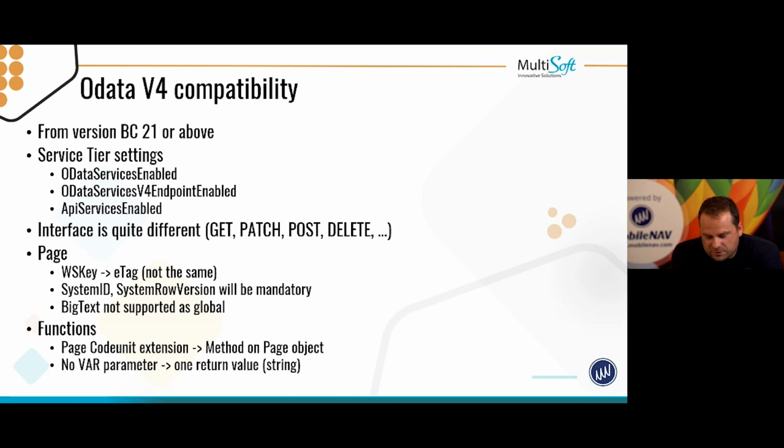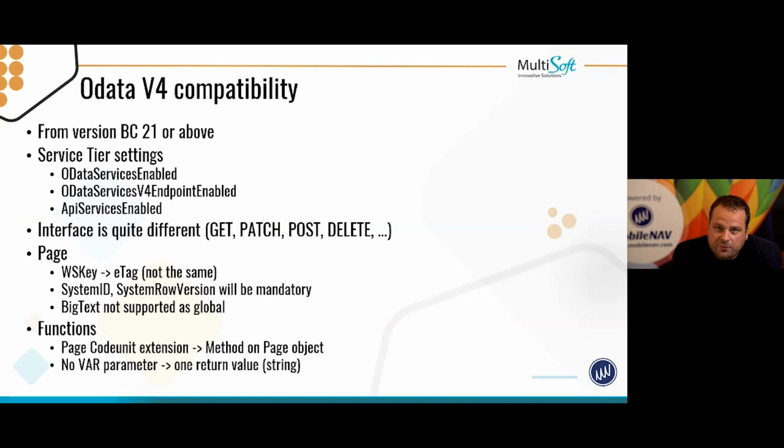In the previous version, it was not possible, or it was hard to do that. BC 21 is the first version where the system row version can be put onto the page as a public field, and MobileNAV will require that.